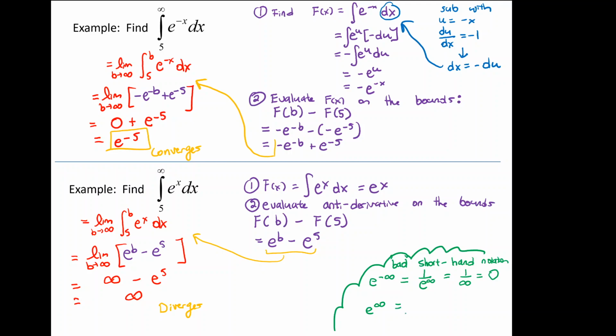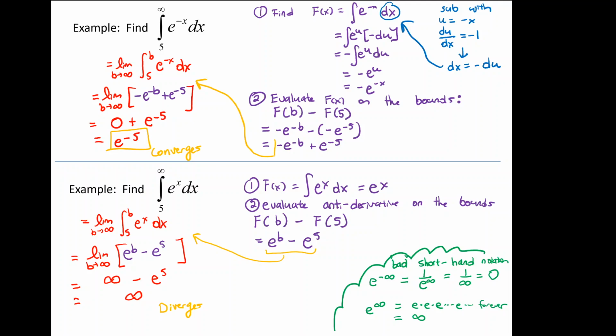Whereas e to the infinity is infinity times e times itself forever. E times e times e forever, which is going to be infinity since e is larger than 1. It keeps growing. And that result was used in the above one.